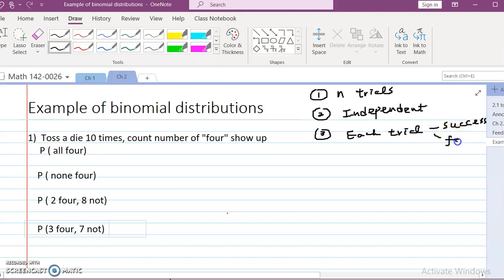The one that you're not counting is failure. And of course, number 4 is the probability of success in one trial. In every trial you will look at whether you got what you're counting, with probability P, and it's the same in all n trials.